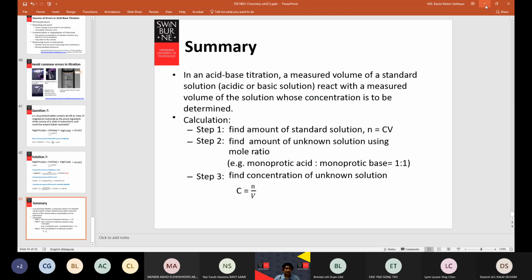Whoever wants to submit, please submit. Unless we start the lab, it is not required. Is it compulsory? No, it's not compulsory since we do not have a lab. But I will make it open, so whoever wants to submit it can submit.